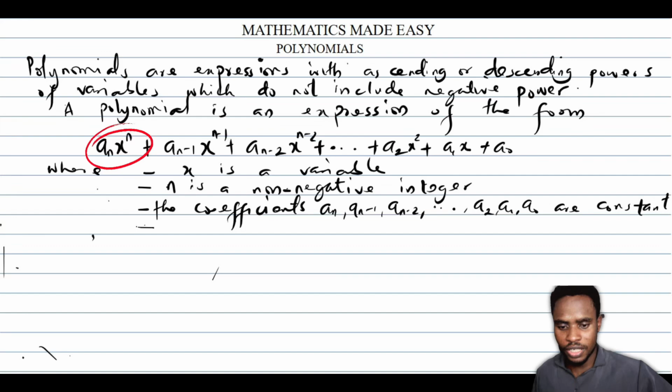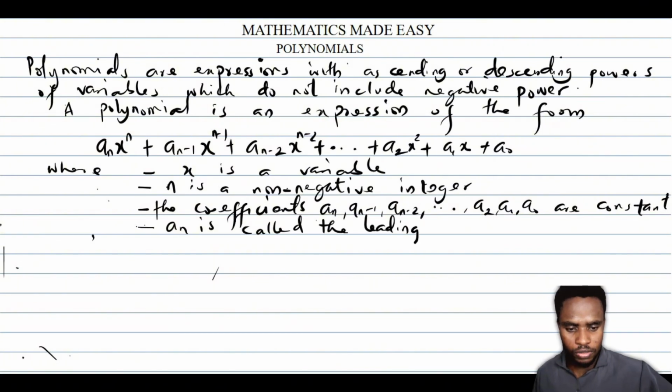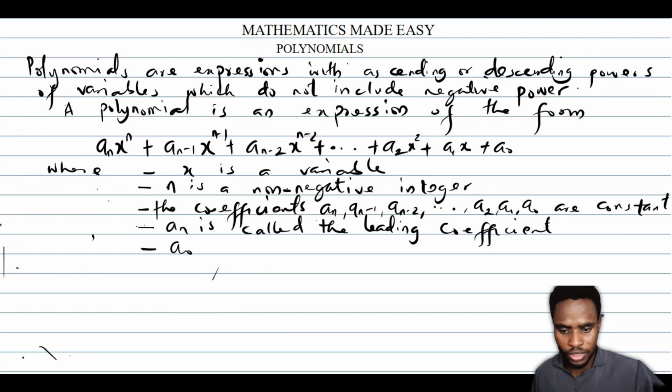And the coefficient of the highest power of the variable is called the leading coefficient. a subscript n is called the leading coefficient. And a naught in the expression is the constant term.